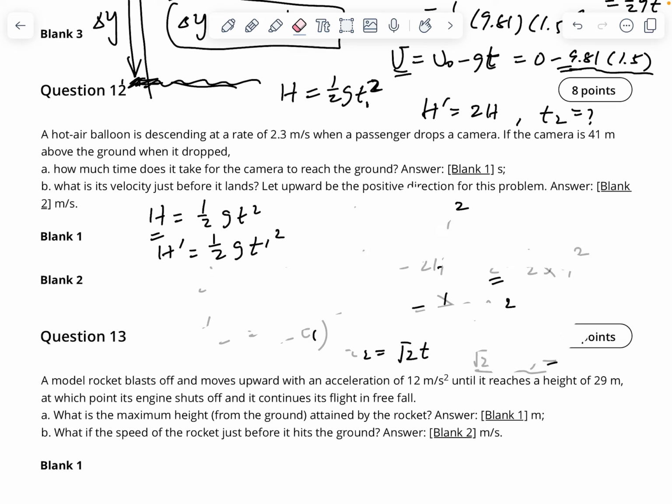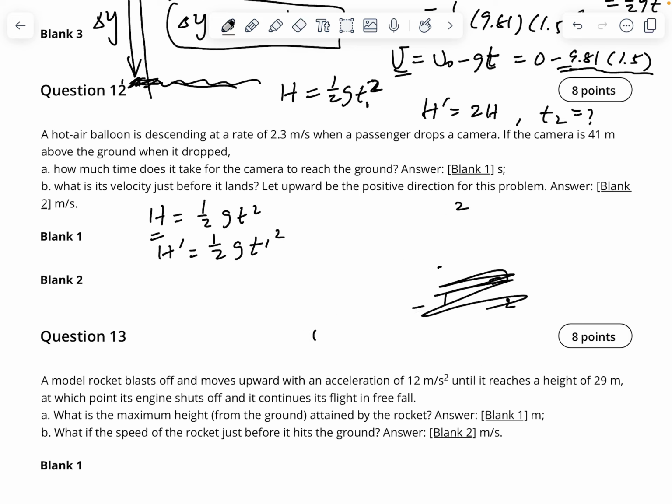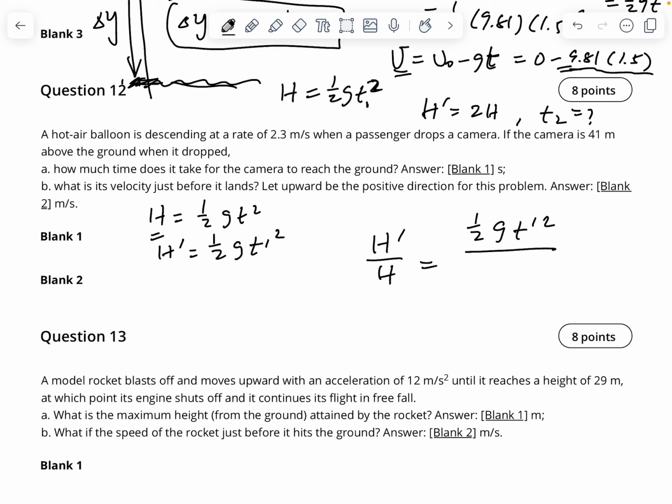Let's go another route. h prime over h equal to half g t prime squared over half g t squared. The halves and g cancel, so t prime squared over t squared equal to h prime over h, which is 2.